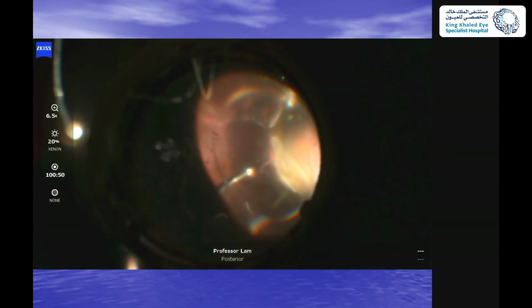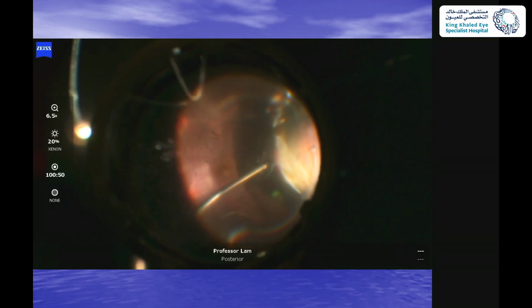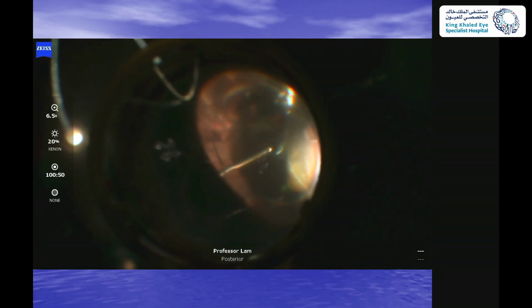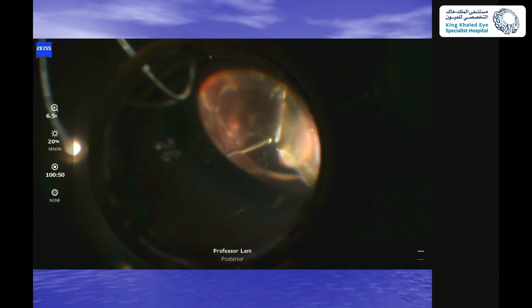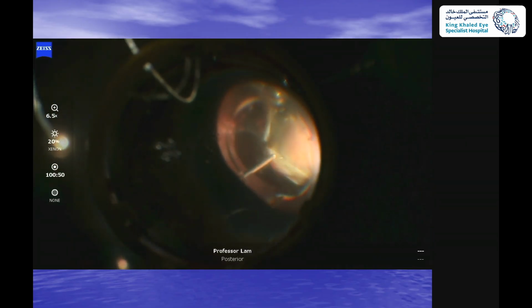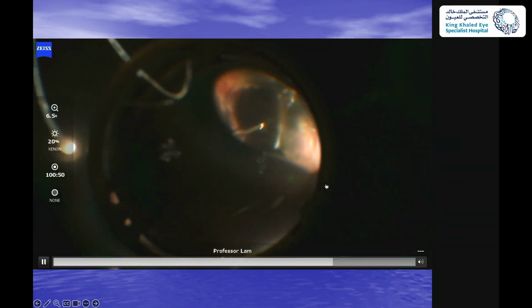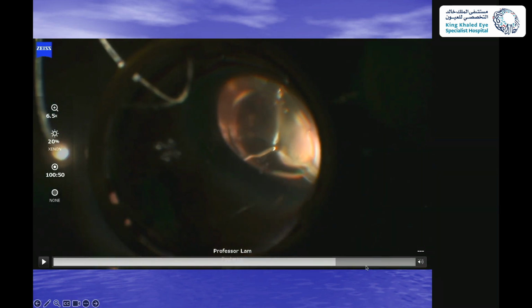Instead of trying to remove it, I just decided to segment it so that they're no longer pulling on the retinal surface, because I try to avoid changing this to a rhegmatogenous detachment by just segmenting the band.